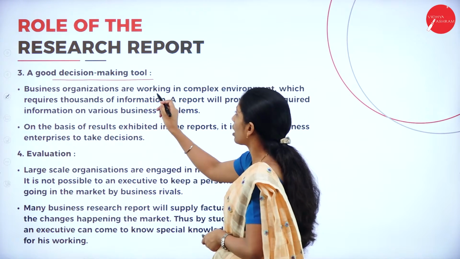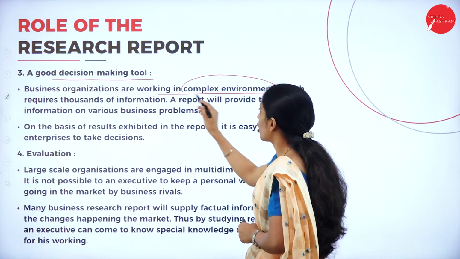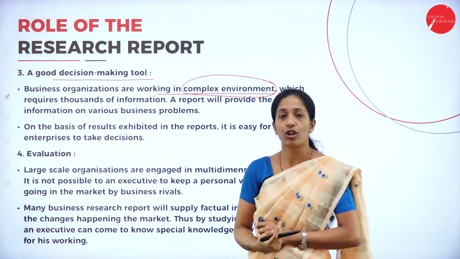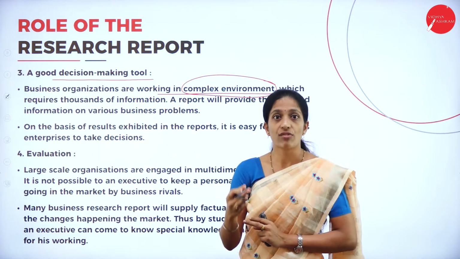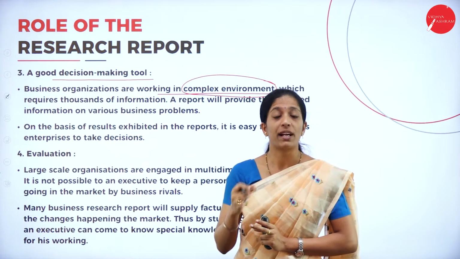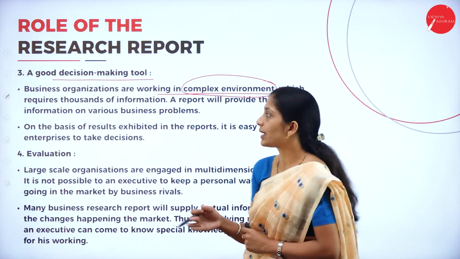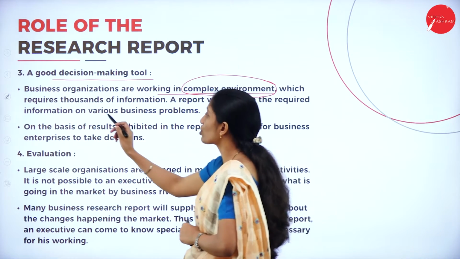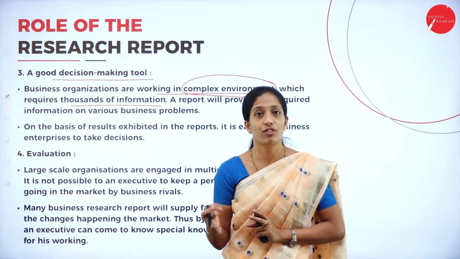Business organizations are working in a complex environment. So what do I mean by complex environment? In the sense, the external environment keeps on fluctuating. Day by day, the external environment, which is unavoidable in nature, keeps on fluctuating, which requires thousands of pieces of information, thousands of knowledge.